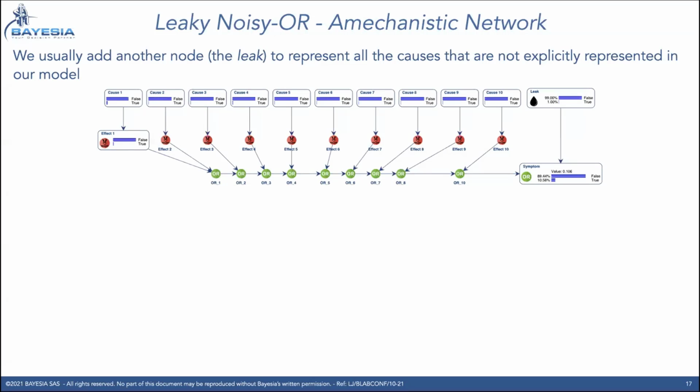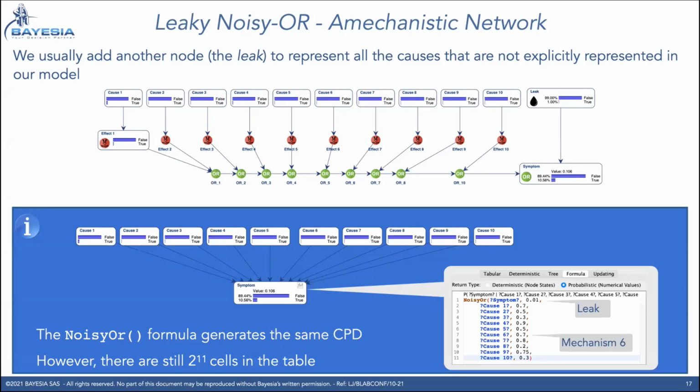So we can just take them into account via this leak node, right? And this is, at the end of the day, the leaky noisy OR model, and this is the version you can have without divorcing, right?